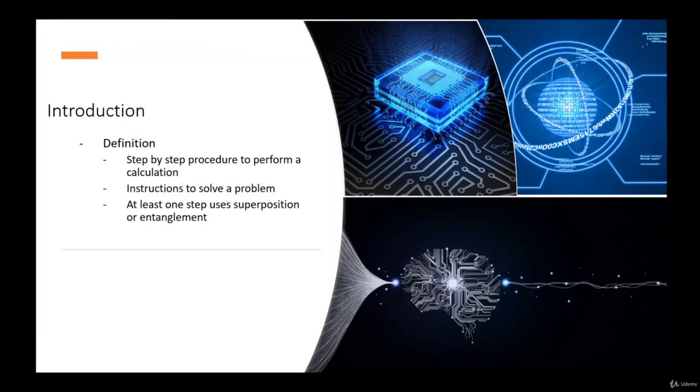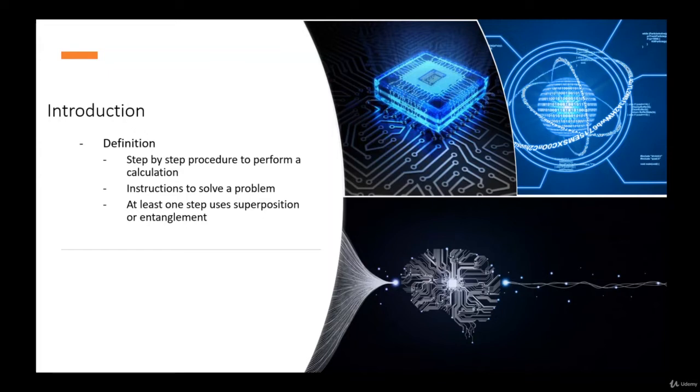As I said, we can say it's like instructions. So the algorithm will respect certain instructions to be able to resolve a certain problem, or to resolve, let's say, a calculation, for example.